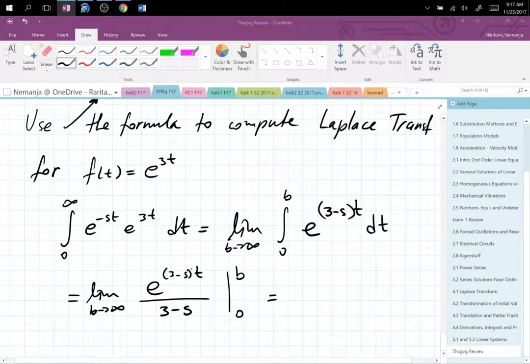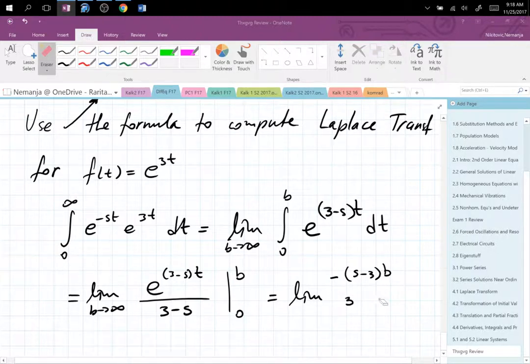When you plug in b for t, you get the limit of, and I generally ask you to pull out the minus sign, so you get s minus 3, and then we are plugging in b.